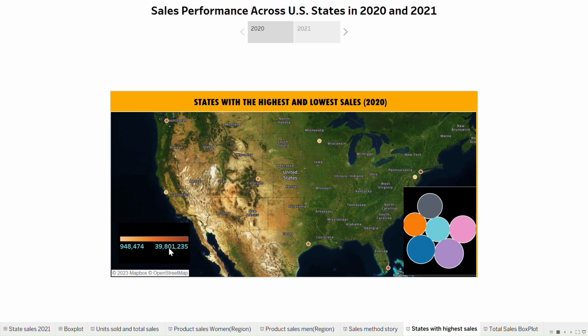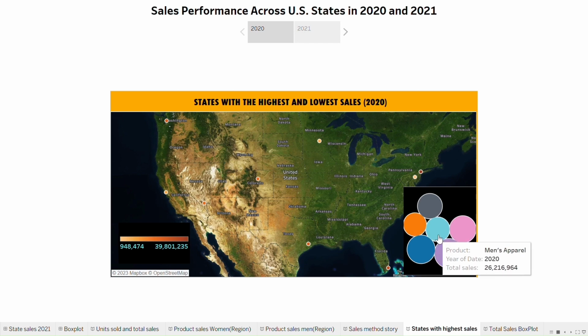As we can see from the map, New York had 39 million, the highest, and then Pennsylvania, Philadelphia had the lowest of 948,000. Miami also had 31 million. Texas had 25 million. Colorado had 20 million. Nevada had 20 million.